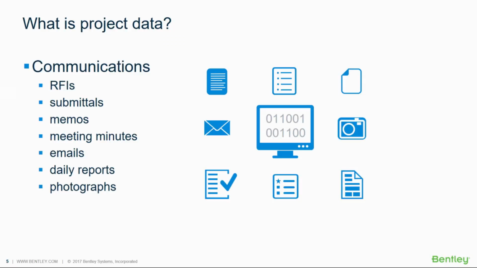And communications can really include anything that goes back and forth. RFIs and submittals, memos and emails and meeting minutes, as well as any daily reports that can include weather information, as well as any photographs of the site. So really anything that needs to be communicated has to be tracked in your project management system.